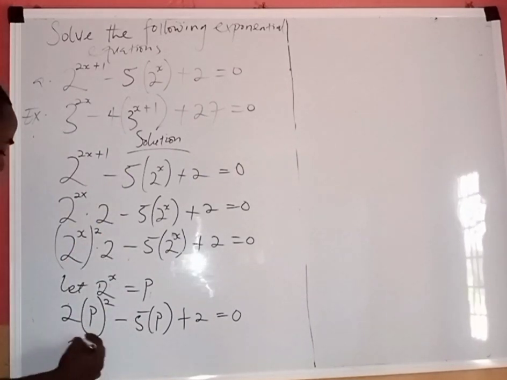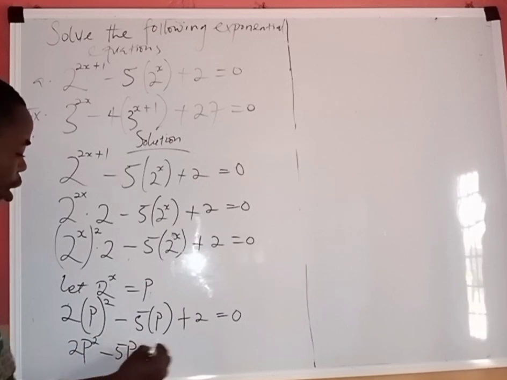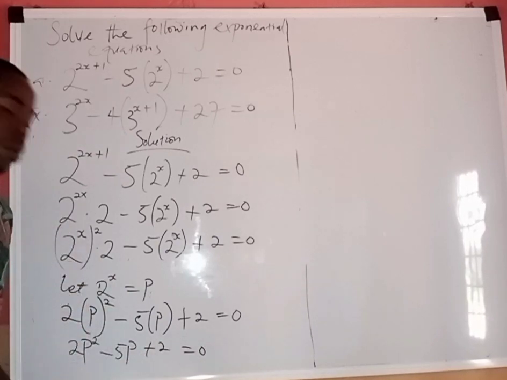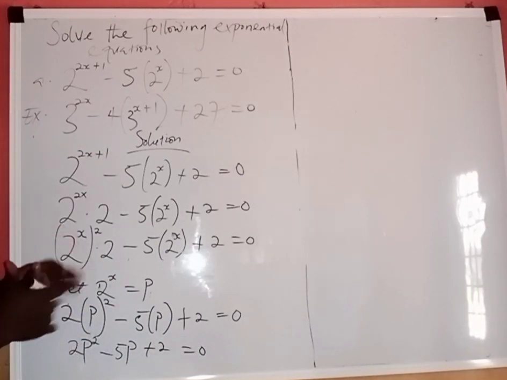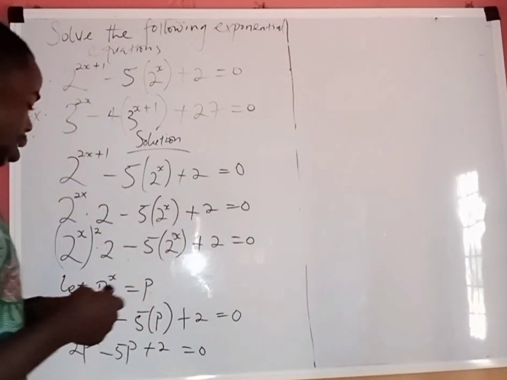So we now have 2p squared minus 5p plus 2 equal to 0. It is now obvious that what we have here is just a quadratic equation which we can go ahead and solve. So how do you solve this kind of quadratic equation?